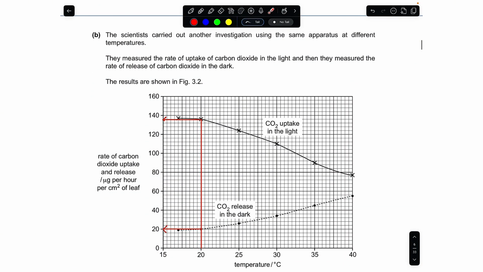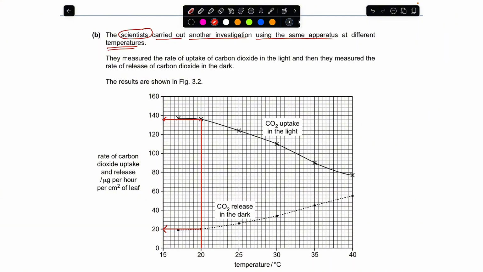Now, let us just come here and try to see what the examiner has to present here for its P part. They tell you that the scientist carried out another investigation using the same apparatus but at different temperatures. Like earlier, if you remember, the temperature was kept constant, but now he is doing the same thing.